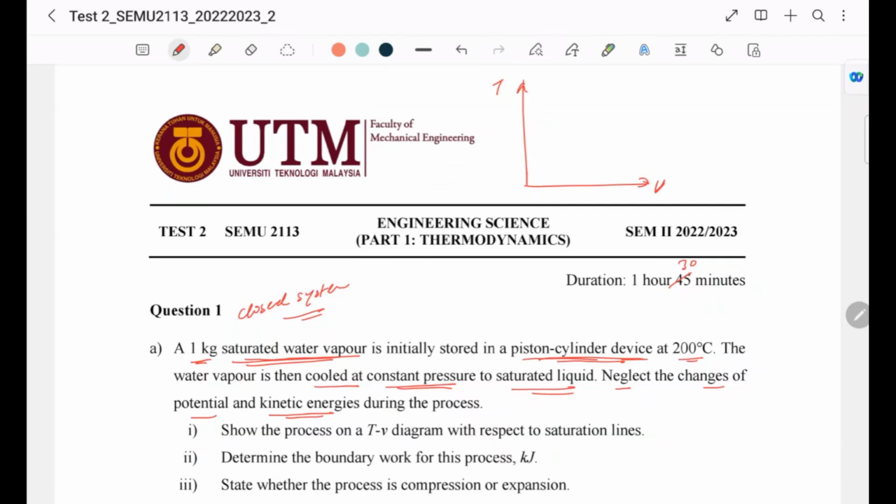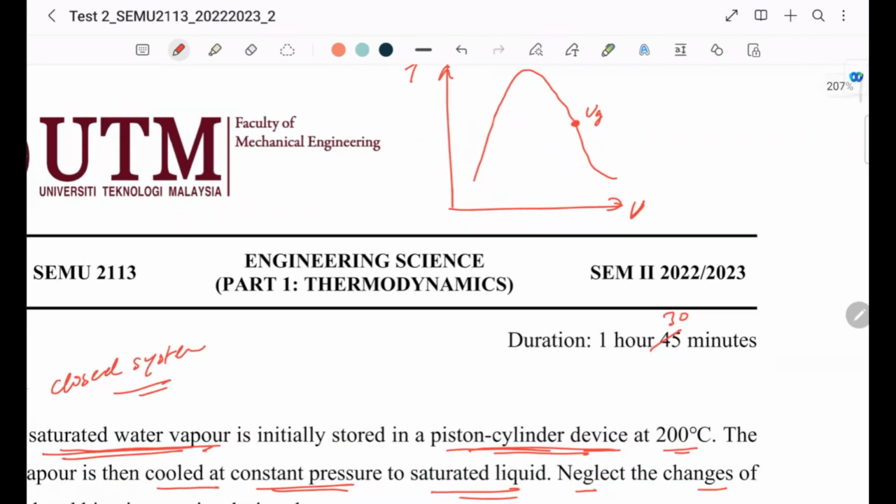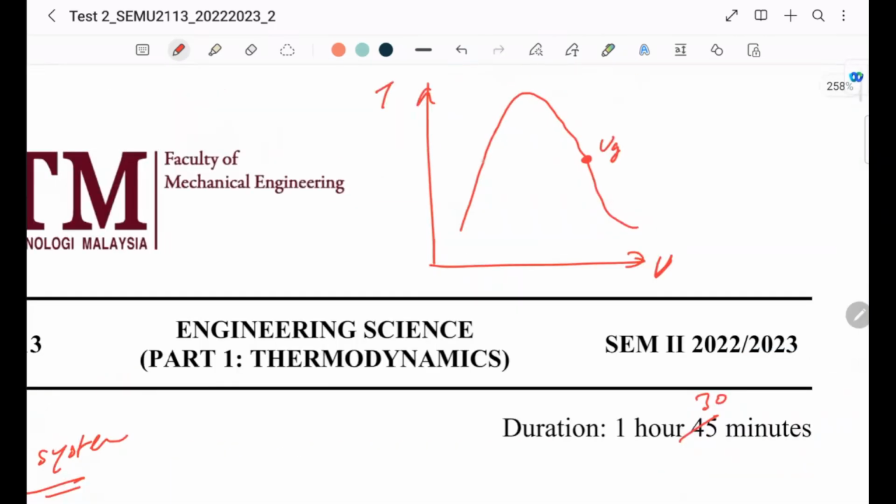Okay, I try my best to write the curvy dome. So the water is cooled from saturated vapor, which is here, to saturated liquid at constant pressure. So this is 1, this is 2.